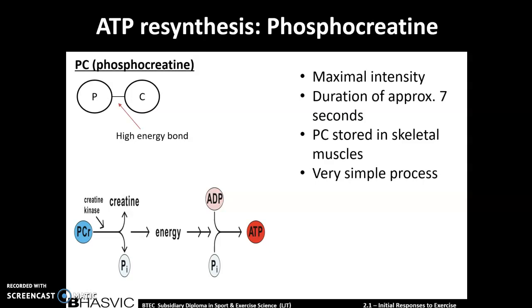This is the simplest process, as it simply breaks the high energy bond of the phosphocreatine and uses the phosphate molecule as energy to create ATP, as ATP is the only thing that can cause muscle contraction through the sliding filament theory.